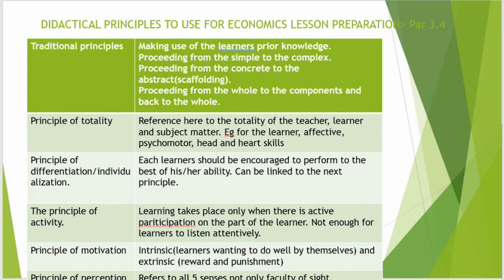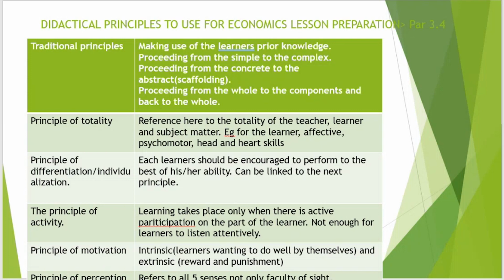Right? Then another principle that you must be aware of as an economics teacher is the principle of totality. The totality of the teacher, the learner, and the subject matter. For example, a learner should be seen as a unit, in total. Right? A learner, although intellect is of crucial importance at school, other dimensions such as the affective and psychomotor should not be neglected.